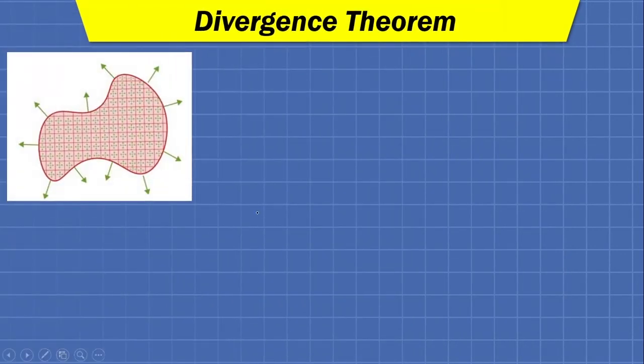We can write the limit as delta v tends to 0, closed surface integration D bar dot dS bar divided by delta v, which is nothing but divergence of D bar.